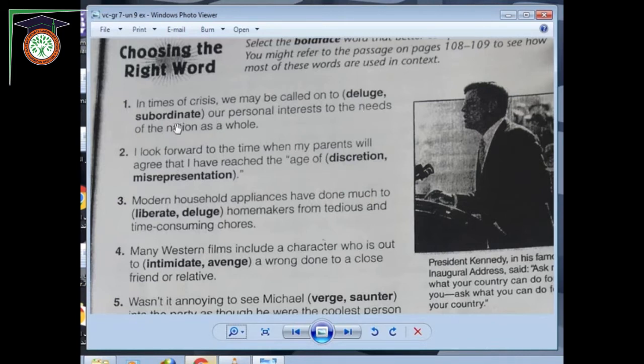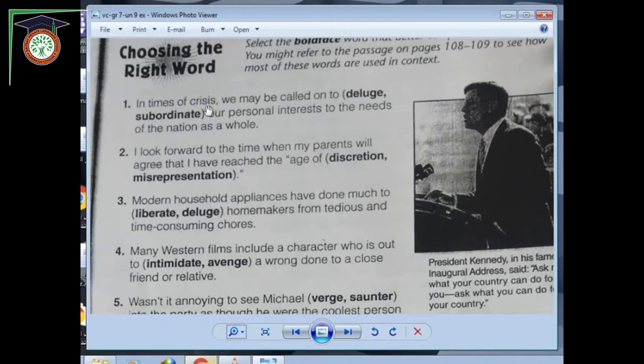Let's start. Number 1. In times of crisis, we may be called on to deluge or subordinate our personal interest to the needs of the nation as a whole. Alright, here we are in a time of what? Crisis. We may be called on to deluge, and when there's a crisis, a great problem, we deluge our personal interest or subordinate our personal interest to the needs of the whole.